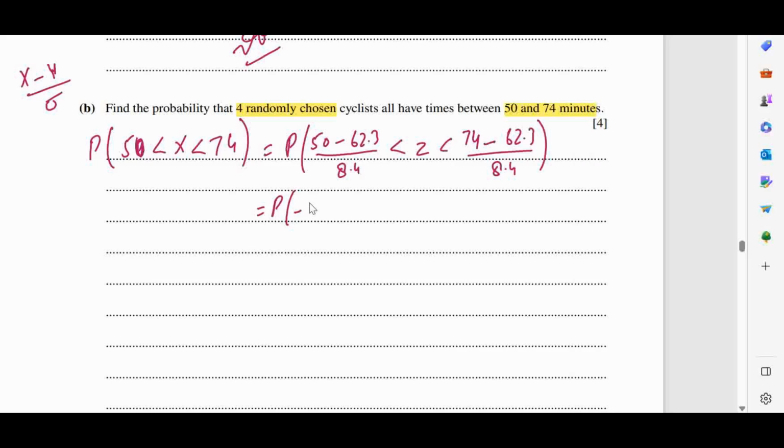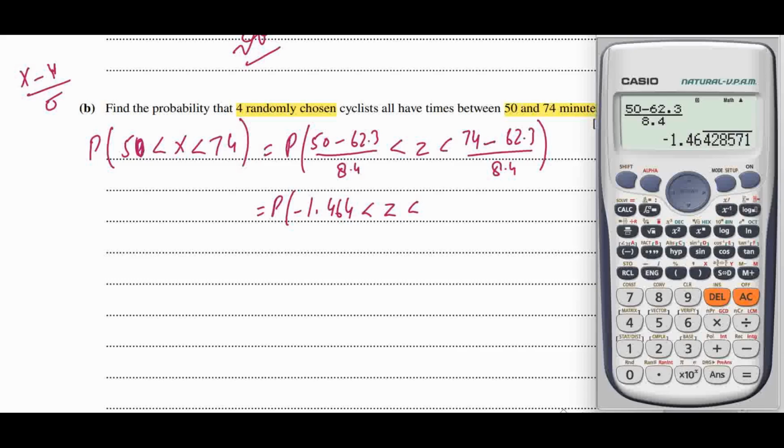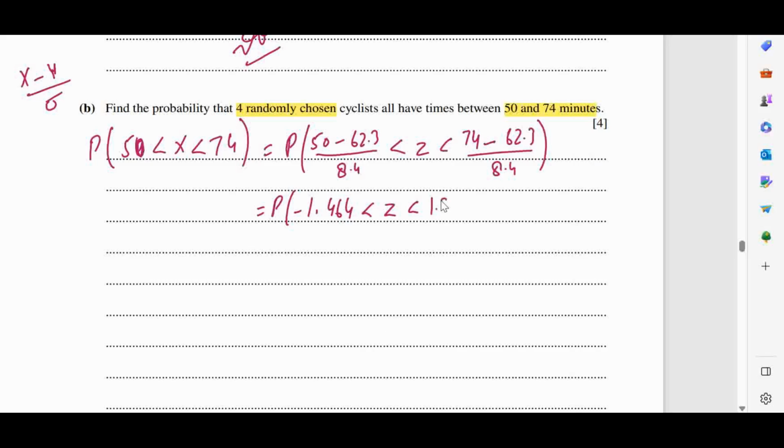So we can write it as probability of minus 1.464 less than z less than what? I think we have found it out previously, but let's do it again. If it is 74, then this will be equal to 1.393. So let's write it over here, 1.393.